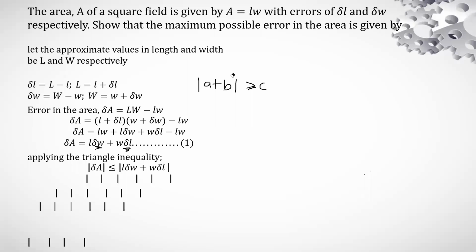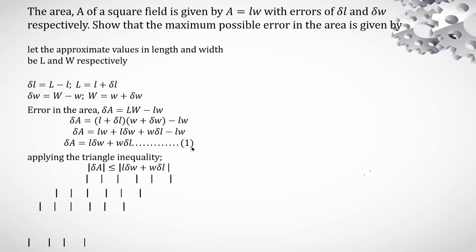The errors are going to be different, and that is what the triangle inequality is. That's how it is introduced, such that the error in the area is always going to be less than or equal to the error you make if you determine the length and the width independently. Because the error in the area depends on the error you make in the length and in the width.